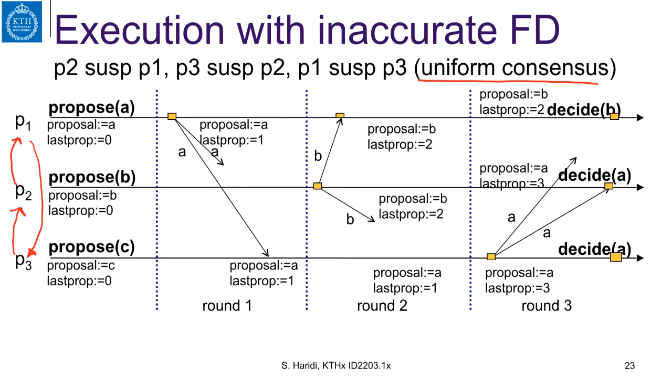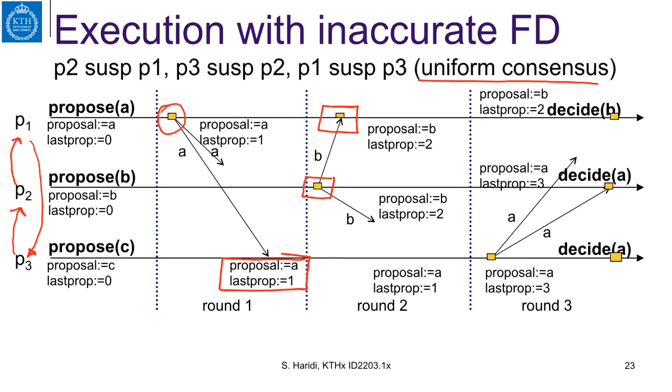So initially, P1 is going to propose the value A. This will be adopted by P3 because P3 does not suspect P1. But P2 is going to move to the next round and propose the value B. This will be adopted by P1 because, again, P1 adopts the one with the last proposer number, that's 2.